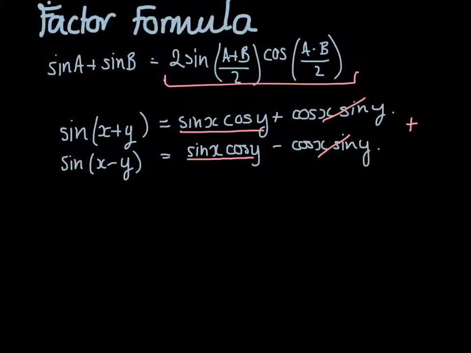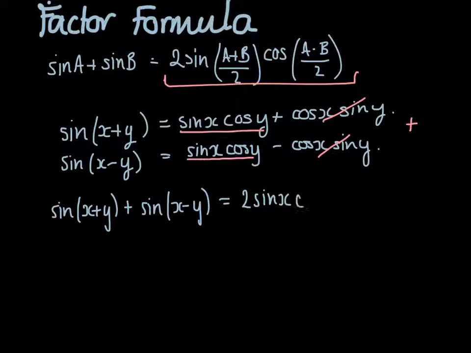So let's have a play. Sine x plus y plus sine x minus y gives me sine x cos y plus sine x cos y. So 2 sine x cos y, and then cos x sine y minus, because we're doing plus minus, cos x sine y, and they've disappeared.